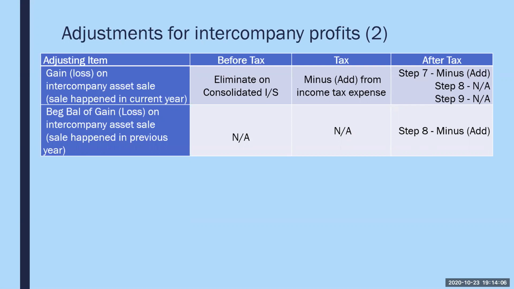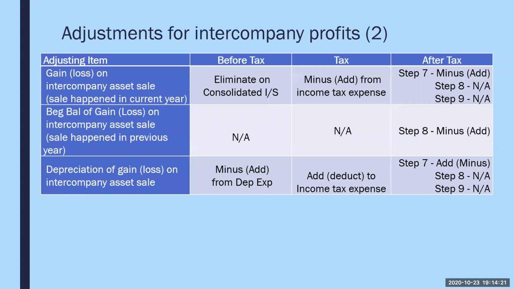It's only if you were preparing the consolidated retained earnings and you're looking to prepare a beginning balance for it that you will make an adjustment in step 8. Otherwise, nothing is needed.